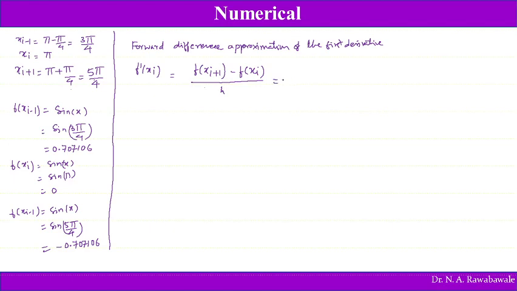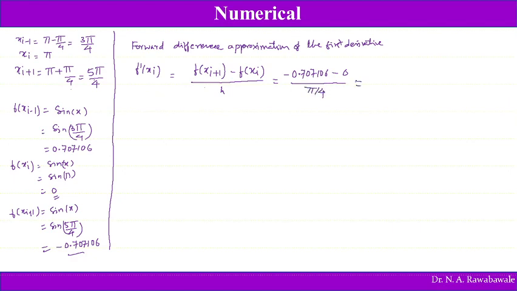So f of xi plus 1 is minus 0.707106 minus of f of xi. F of xi value is 0 divided by h. H value is pi by 4.